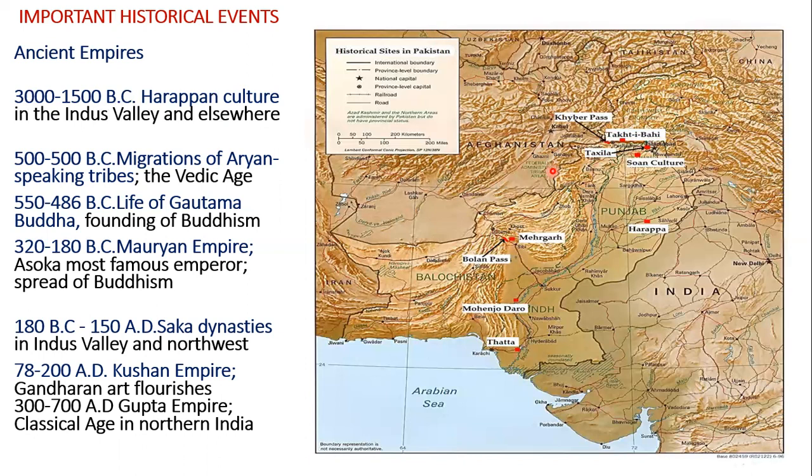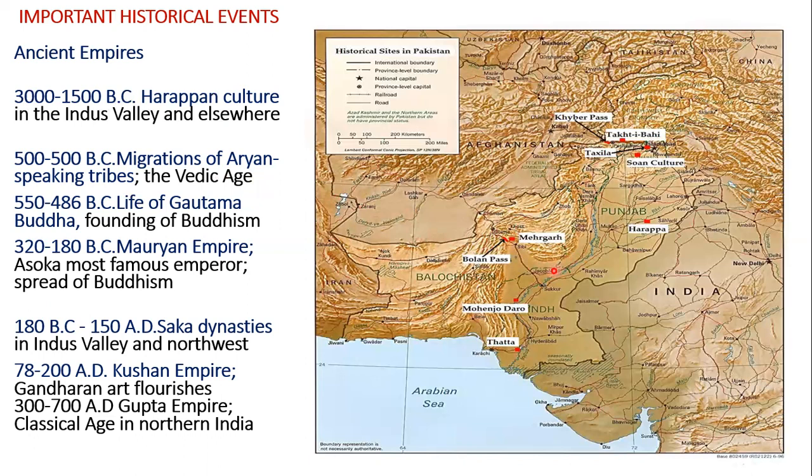The environment was quite pleasant, and this area was a little bit more secure than the other areas. So they decided to live here, and they were the people who started the Aryan civilization. Clear? Aryan civilization, and here it is called the Vedic age.